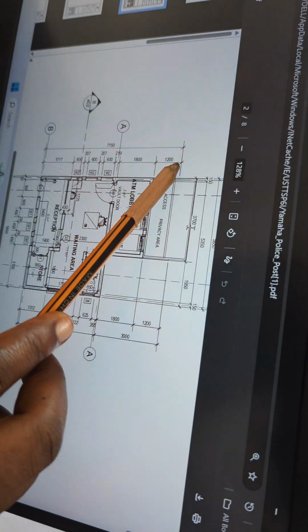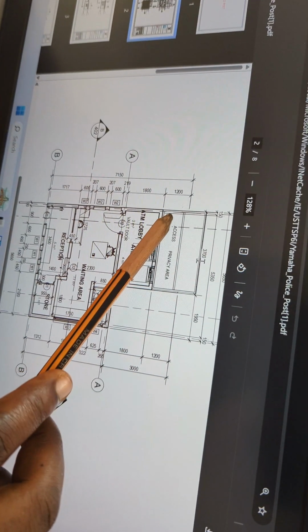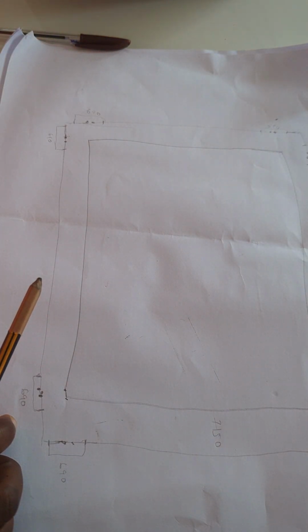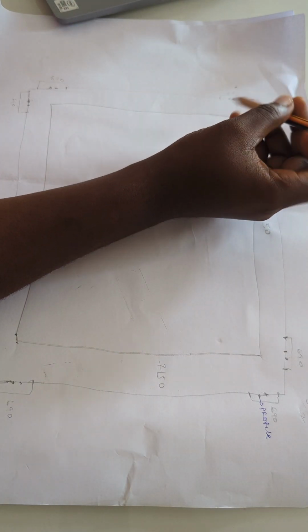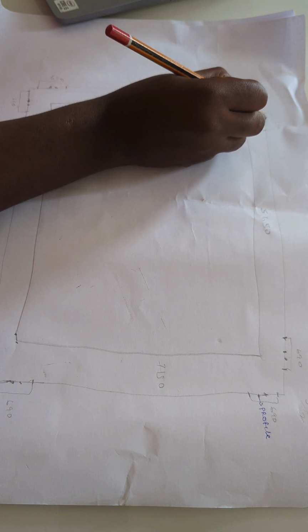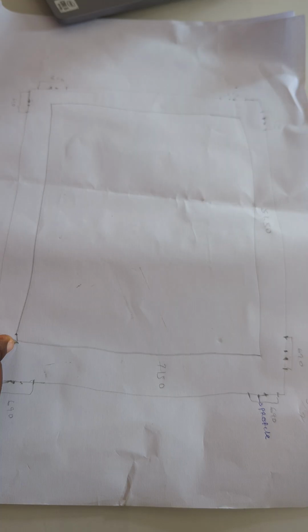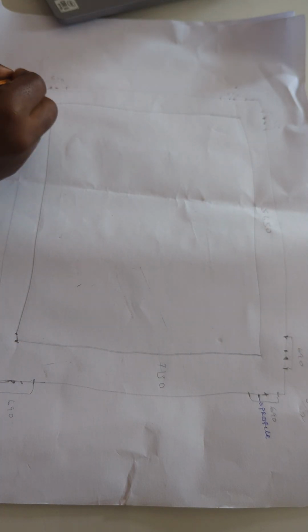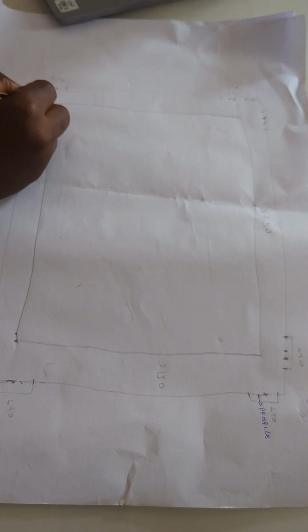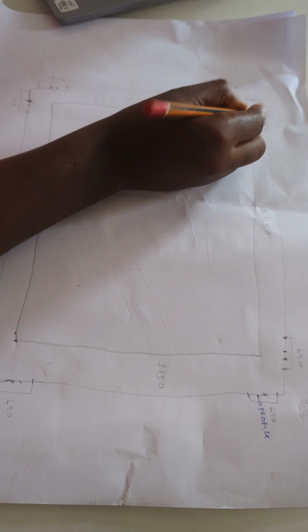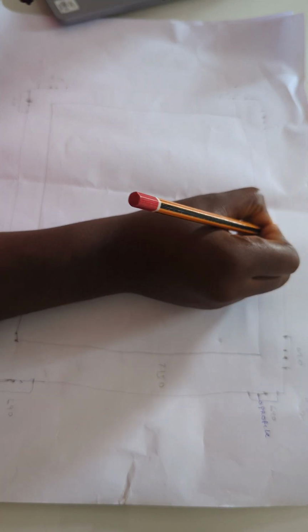And take note, this is out to out, okay? And that 3,700 is starting from where you started your 1,000 offset. I'm just trying to make sure we don't make a mistake. So from here we're going to come in by 3,700.